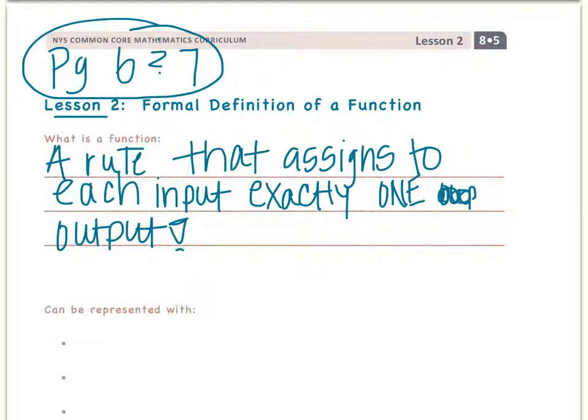This definition is going to be very important for you today going through your classwork. So again, a function is a rule that assigns to each input exactly one output.